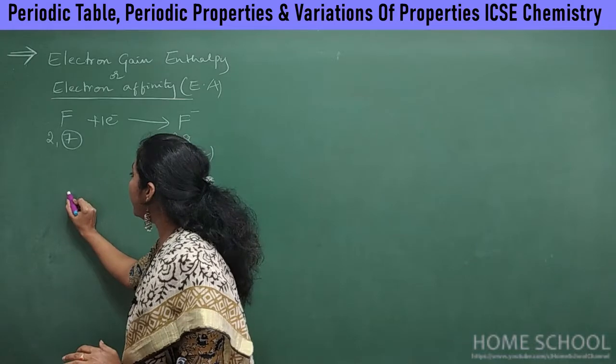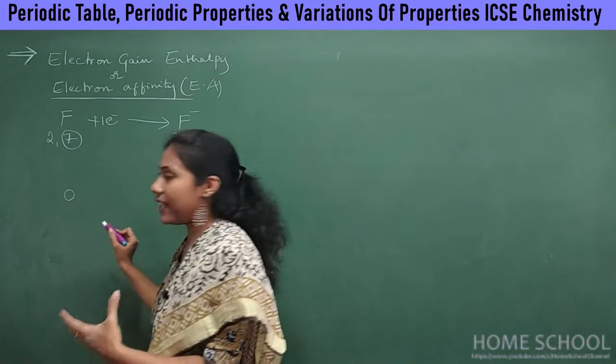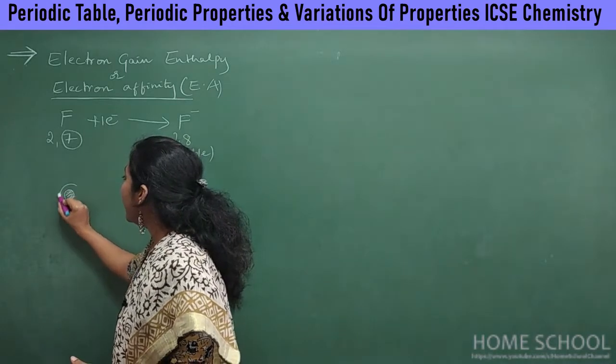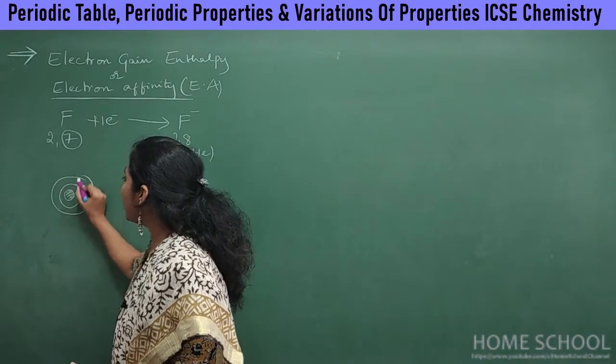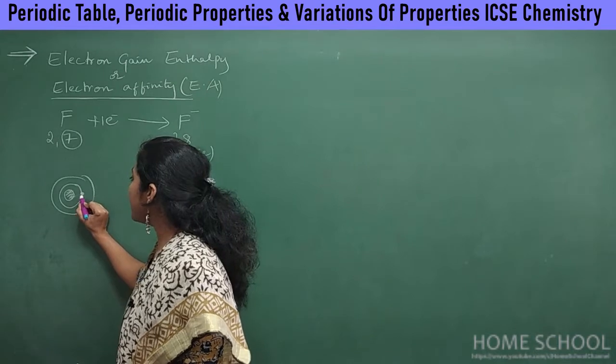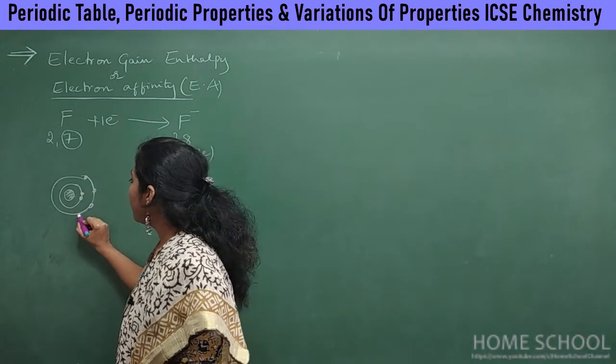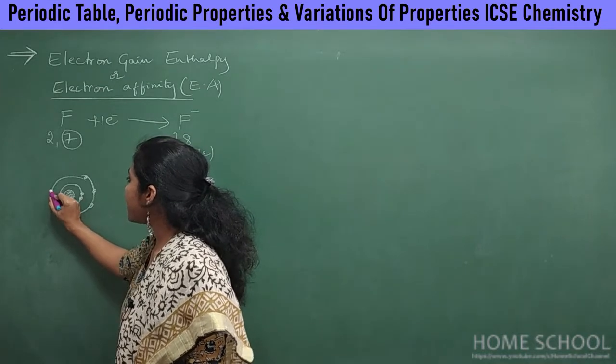Let me draw the shells around fluorine's nucleus. This is the nucleus of fluorine and it has 2 shells. In the first shell you have 2 electrons. In the second shell already 7 electrons are there: 1, 2, 3, 4, 5, 6, 7.